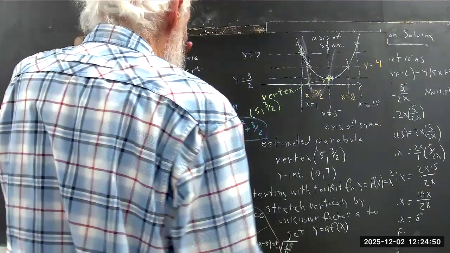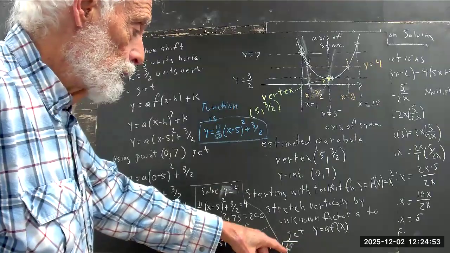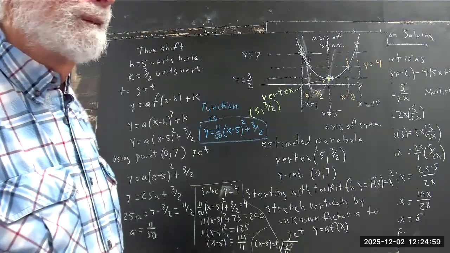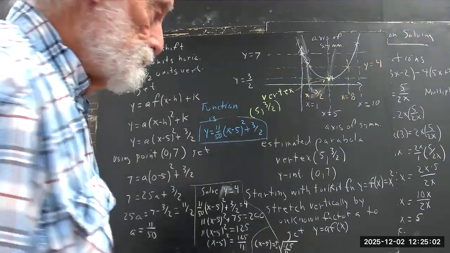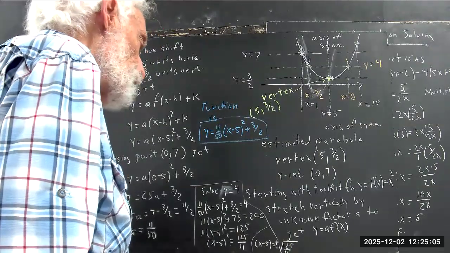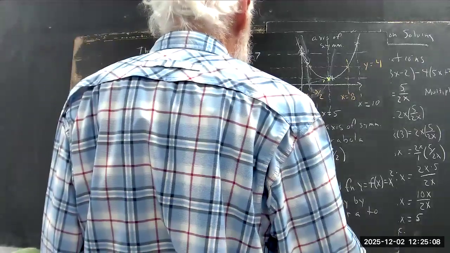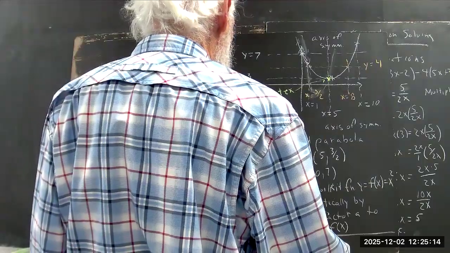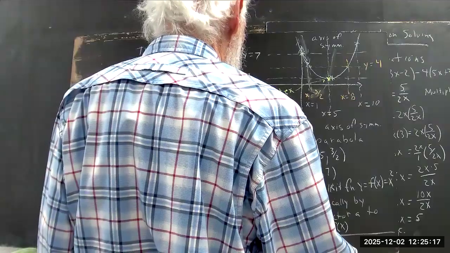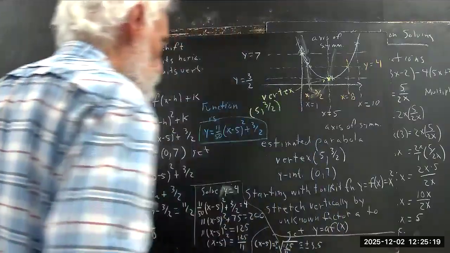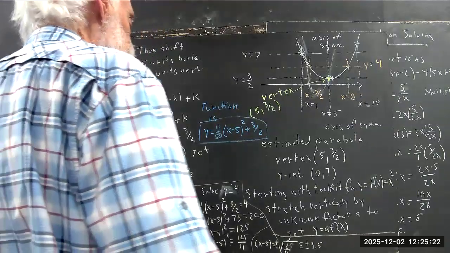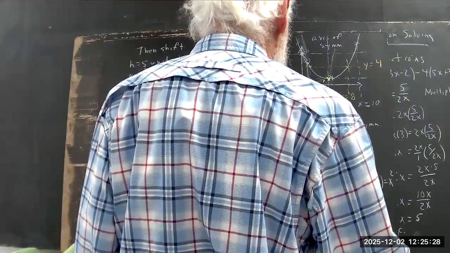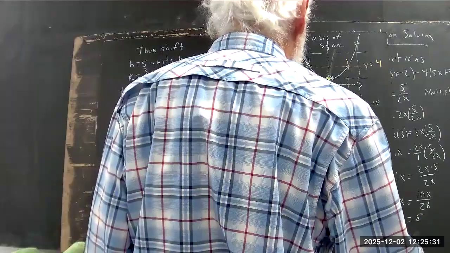Then x minus 5 is plus or minus the square root of 125 over 11. 125 over 11 is about 11, and the square root of 11 is about 3.5. So I'll write the rest out here. Approximately plus or minus 3.5. So x equals 5 plus or minus 3.5.